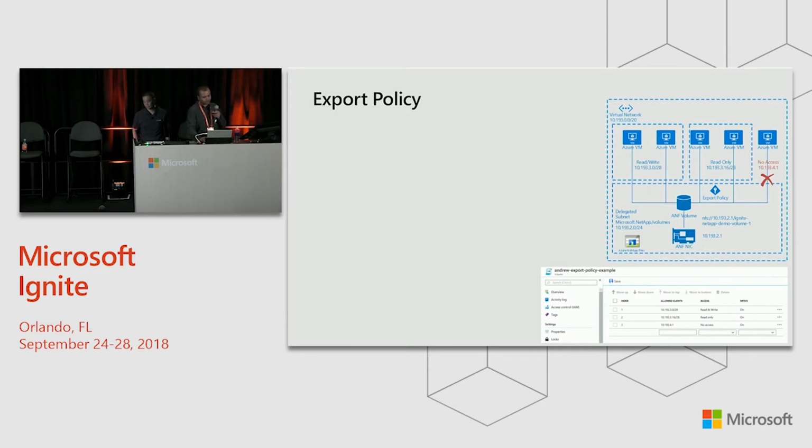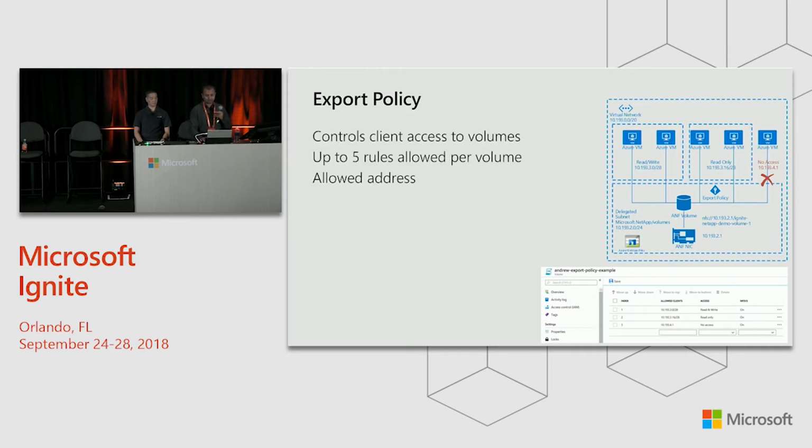Going on to networking, we talked about how important we thought it was to grab an IP address for the mount point from your VNet and give you the choice. We thought it's fundamental to security. The other controls beyond that are export policies. If you use ONTAP, you're aware of it. At a volume granular level, you can assign 5 rules per volume, and you can control which clients within your VNet, clients or subnet range, can access, what kind of access they can have, and also choose the protocol.